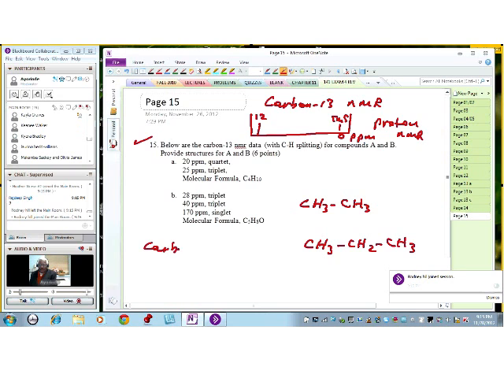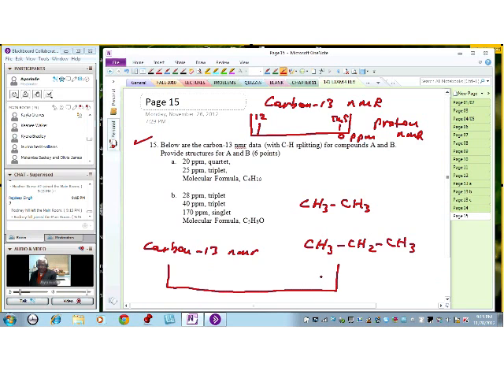On the other hand, in carbon-13 NMR, the chemical shift data goes from, if we say this is TMS, which is 0, it extends to 200 parts per million. Okay? That is the only difference.